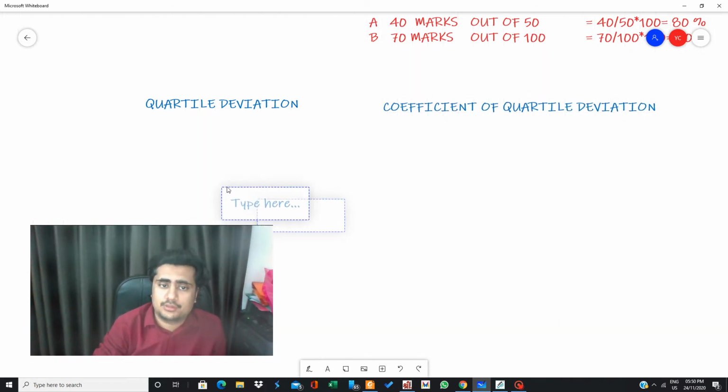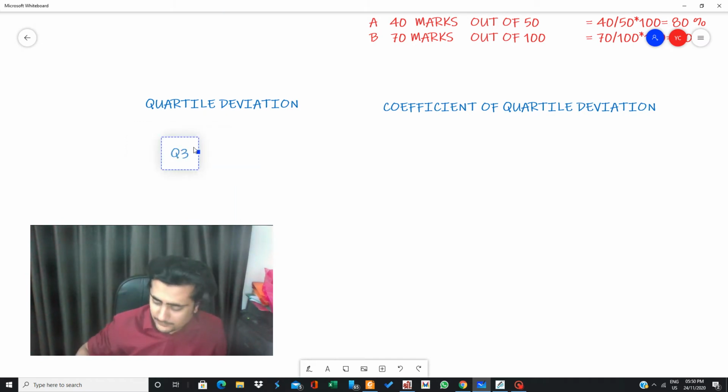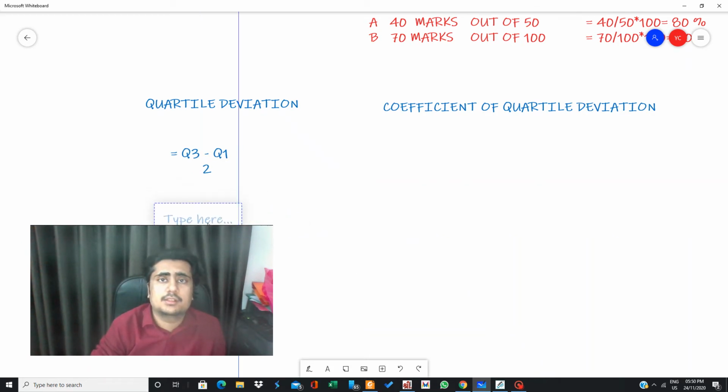Now, I'll be writing the formula for both. See, this is quite simple. Quartile deviation means Q3 minus Q1 upon 2. Now, Q3 and Q1 you have studied in chapter number 3.